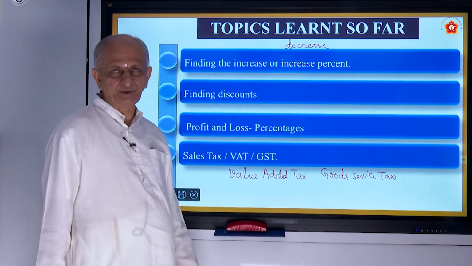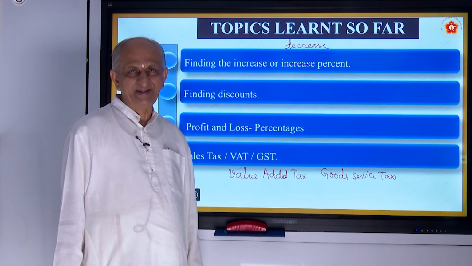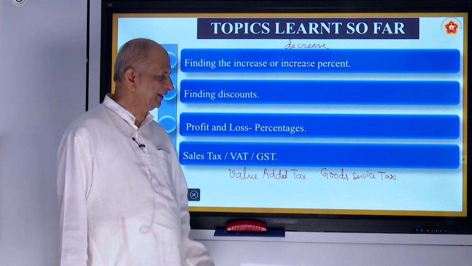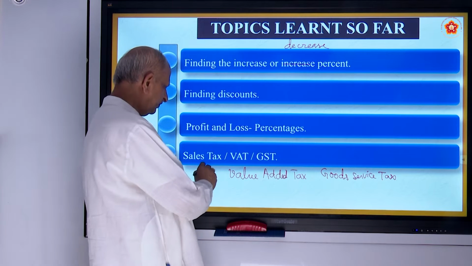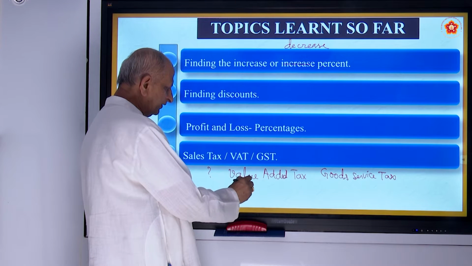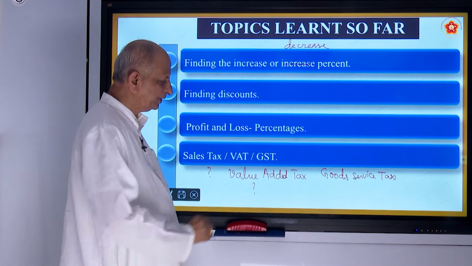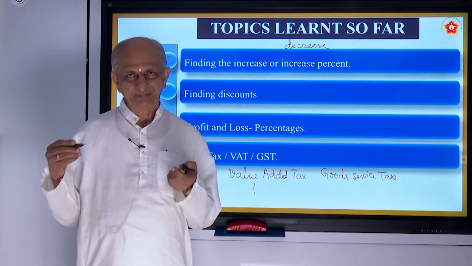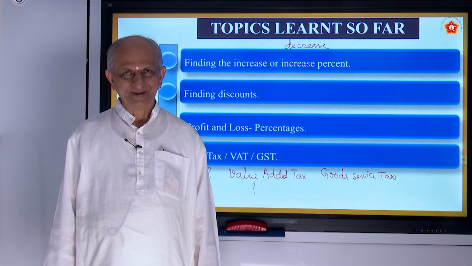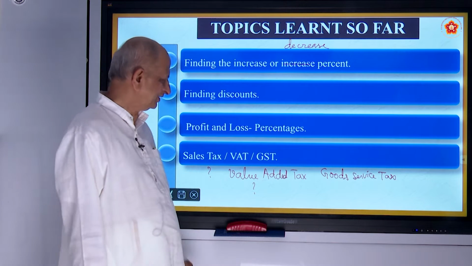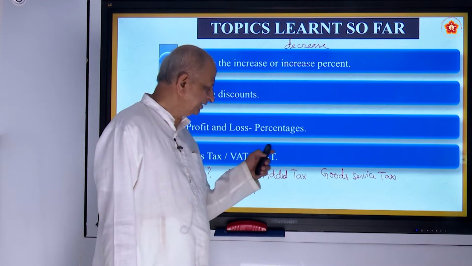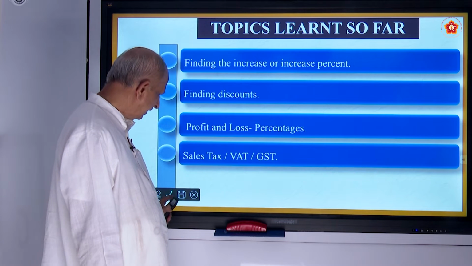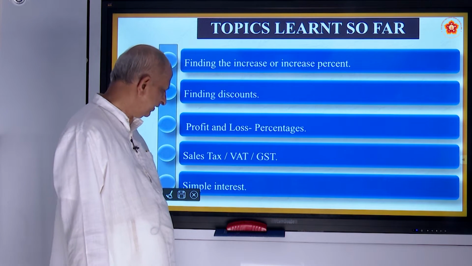Service includes transportation, maintenance and all. So this GST will usually be 18%. Nowadays the sales tax and VAT are taken off. Only GST is working, and our central government is very strict in that matter, even the state government also. So that GST will be collected and added to all the goods that are sold, and these are all the things we have studied.